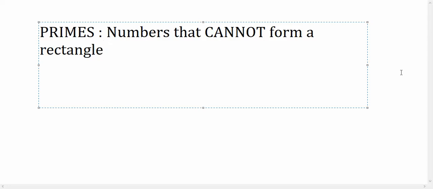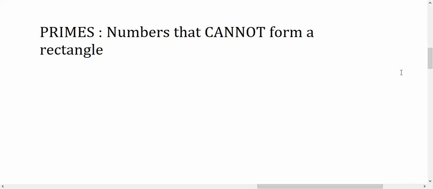So numbers that cannot form a rectangle. Okay, so that's kind of interesting. And so any number that can form a rectangle is not a prime. Any number that cannot form a rectangle, except for just laying them out flat, is a prime number. All right, let's move on to the next topic.